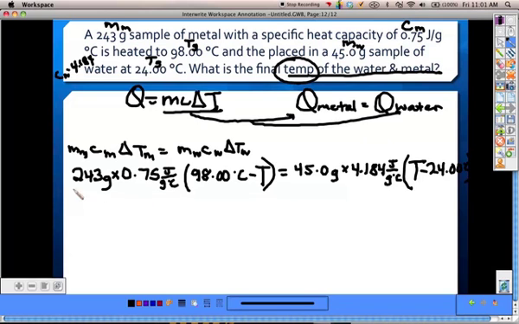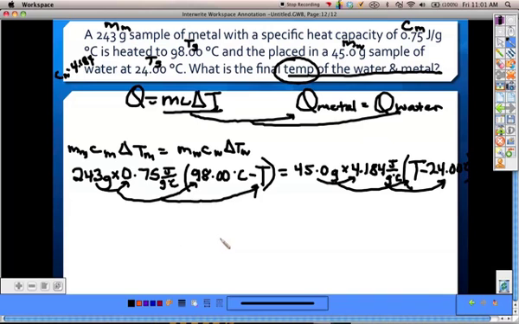Now I'm going to need to distribute through, so I will multiply these two numbers together, and once I do that, I'm going to multiply it through, distribute through my parentheses. I'm going to do that on this side as well.